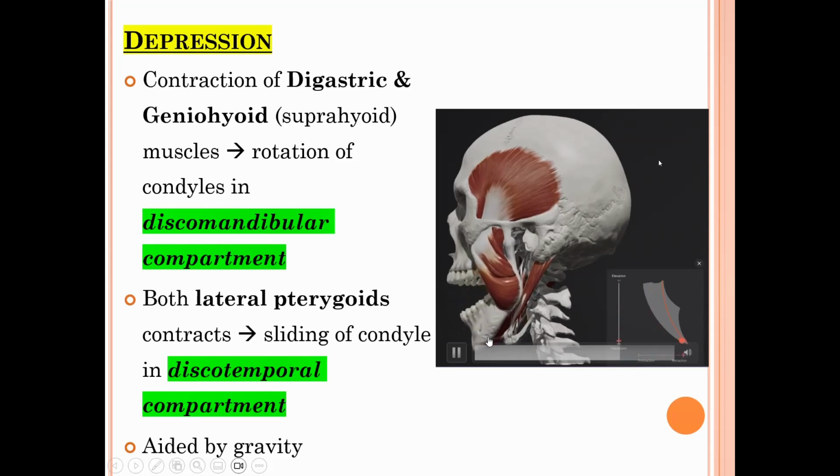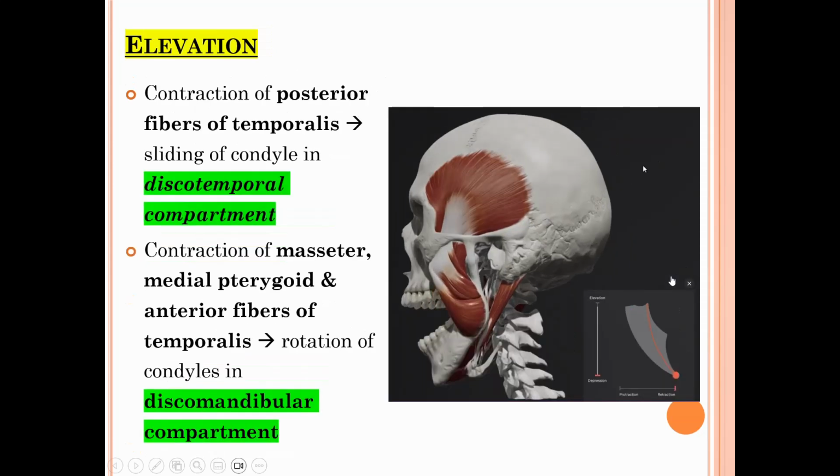Geniohyoid is here, this muscle from the inferior genial tubercle to the hyoid bone, and here this one is digastric which is coming to the hyoid bone. So they are acting on the discomandibular compartment, and here will be the lateral pterygoid which will be acting on the discotemporal compartment. This is depression, okay.